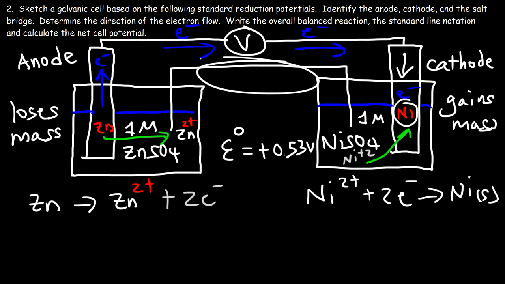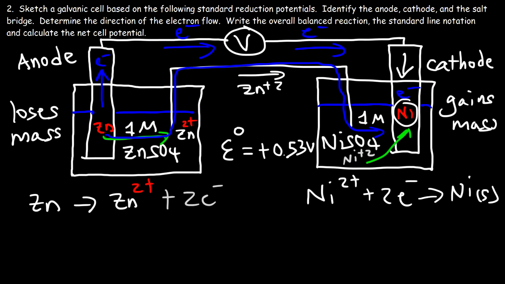Now, as we mentioned before, this is the salt bridge. In the salt bridge, the cations will flow towards the cathode. So the zinc 2 plus ions, as they flow into the solution, are going to travel this way through the salt bridge toward the cathode, because they too are attracted to the electrons in the cathode.